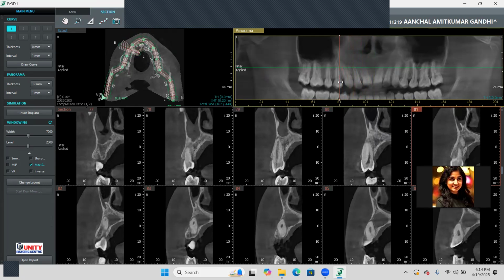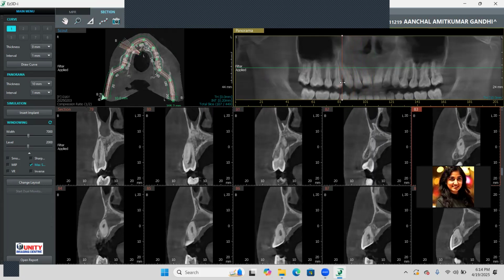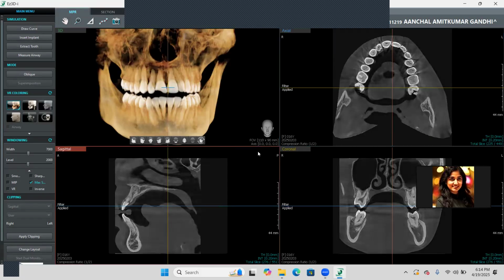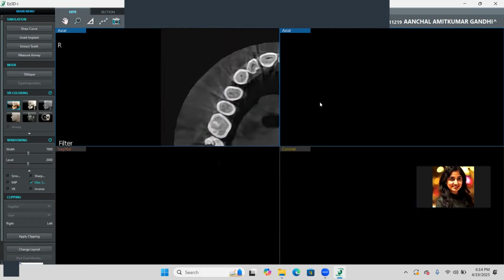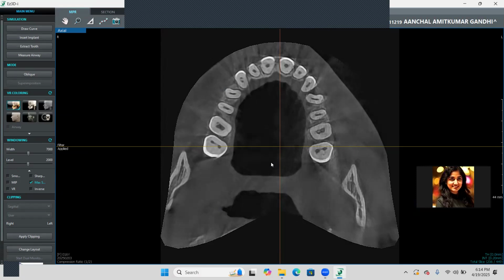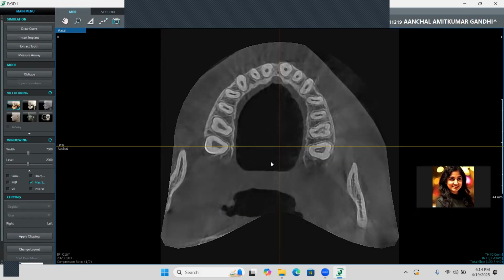However, it is involving the canine root. For confirming, you can see these other sections as well. As you can see, we can see one section also at a time. I'll just press enter button, and then this whole axial section will be visible.